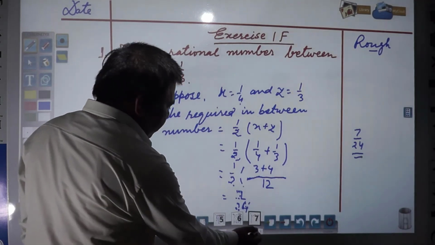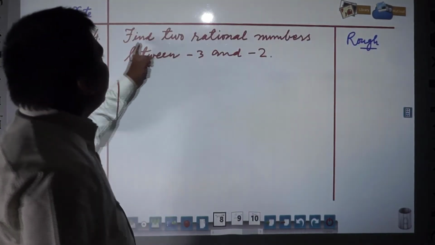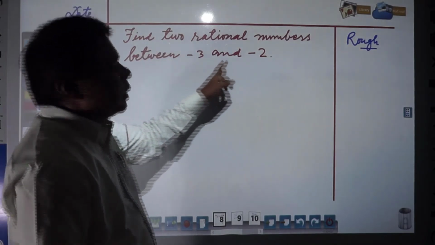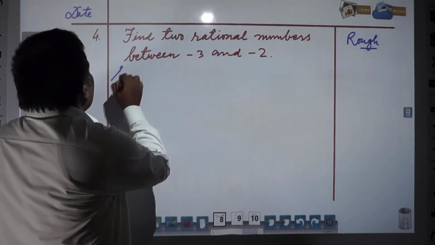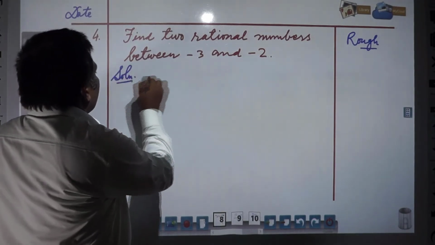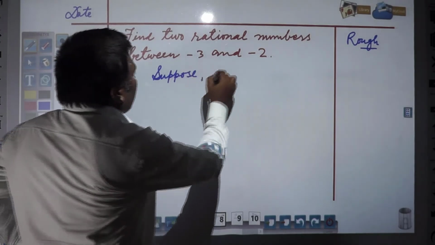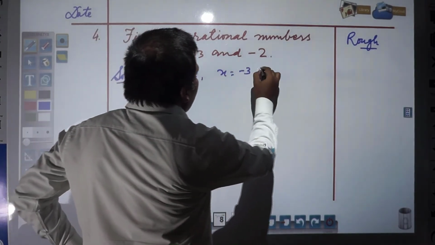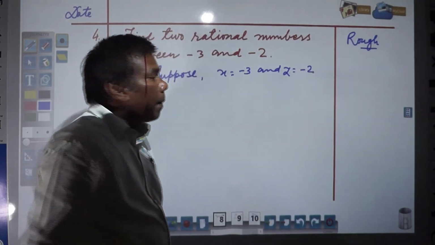Next we will see. Here you see: find two rational numbers between -3 and -2. Again it is so easy. Suppose x is equal to -3 and y is equal to -2.